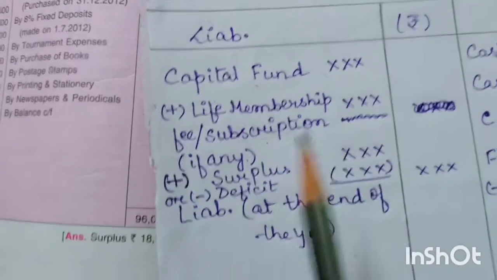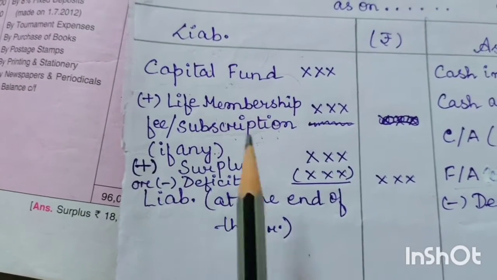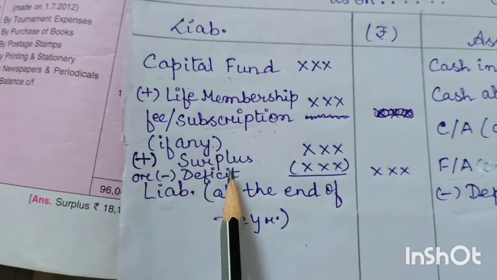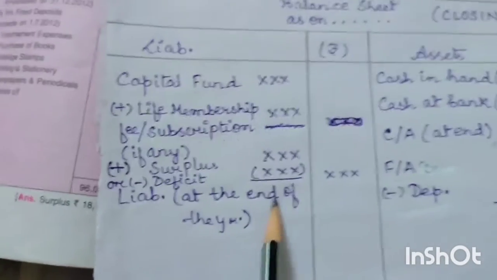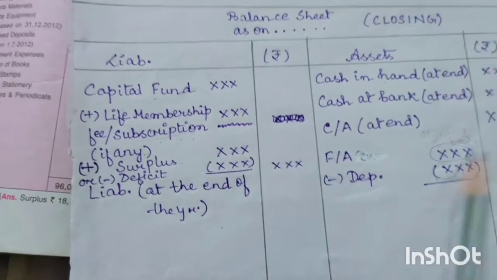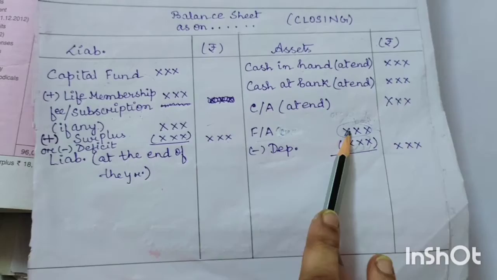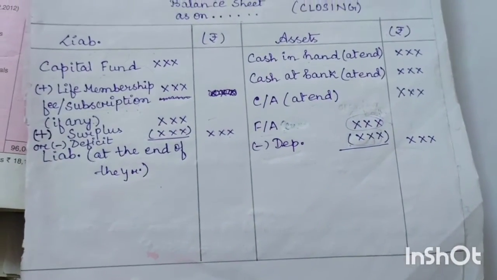Next comes surplus. If there is a surplus, then you will add it, and if there is deficit, then you will deduct it. And lastly, liabilities, whatever liabilities you had at the end of the year, means the closing balance of the liabilities will be included. And after that, you will total out both the sides. The total of liabilities and assets should be equal.